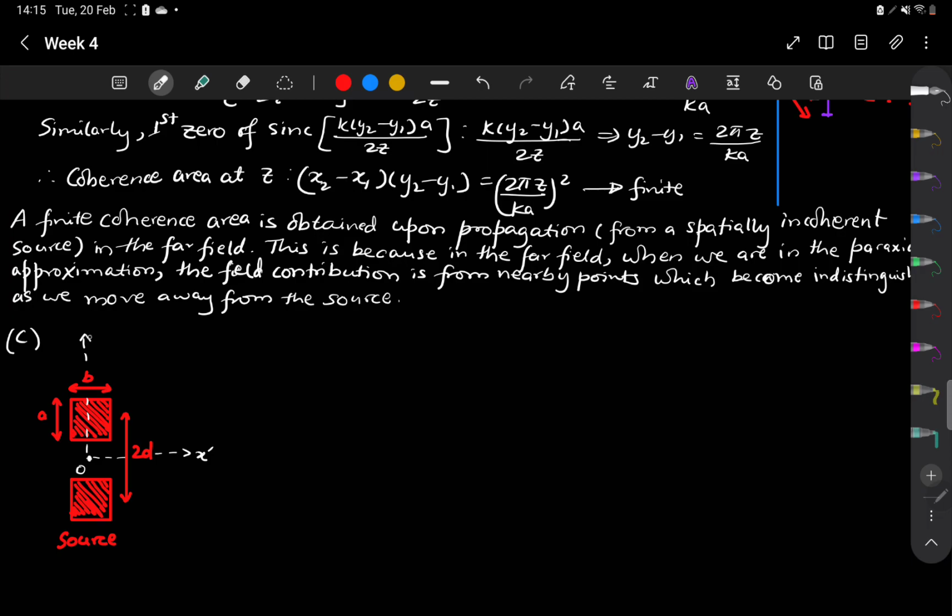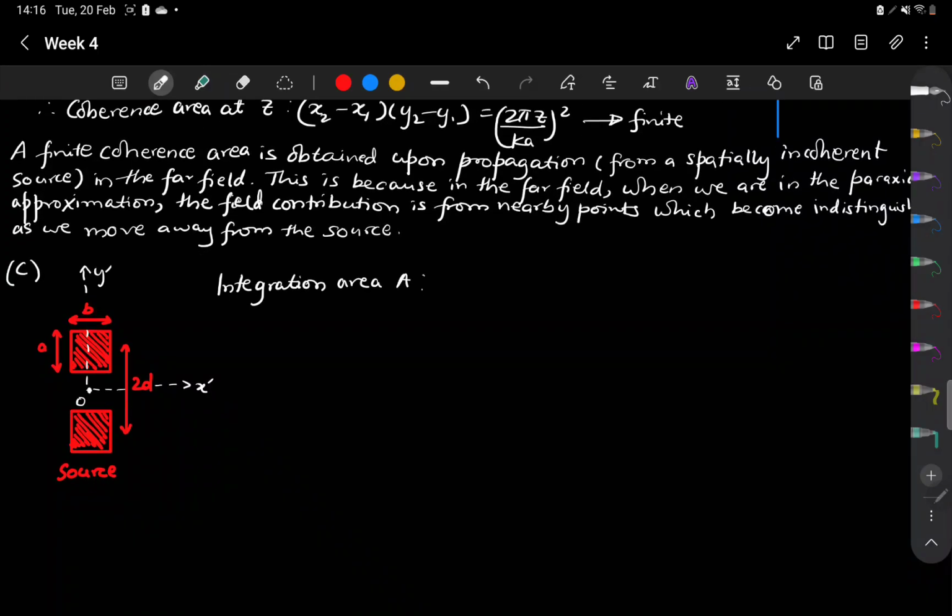This is the y prime axis. Now for this source, let us look at what the integration area A will be. So over both the squares we need to integrate.